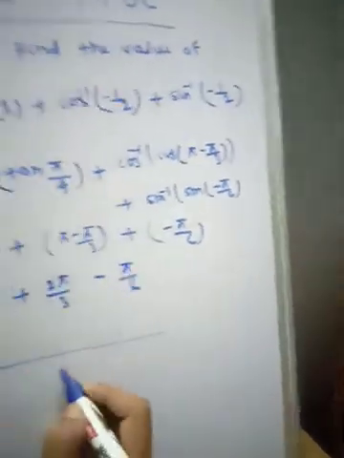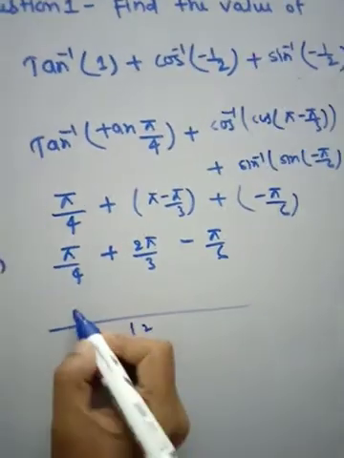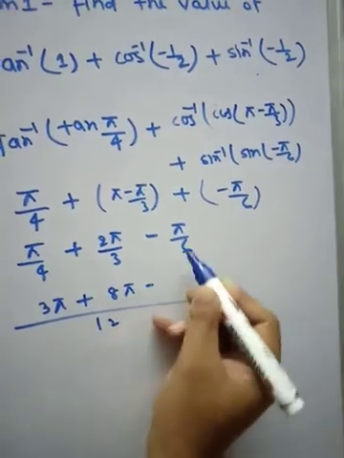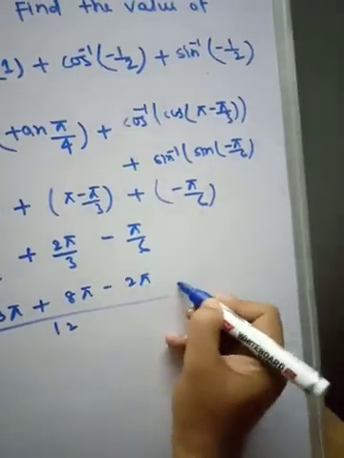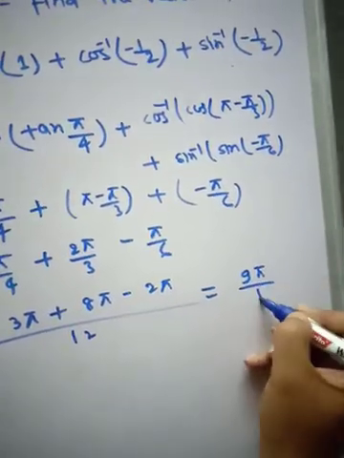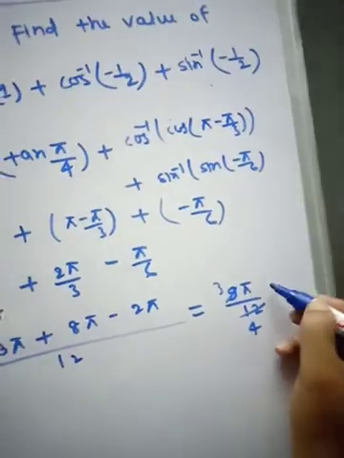Taking the LCM 12, it will be 3 pi plus 8 pi minus 2 pi, so 9 pi by 12, which is 3 pi by 4.